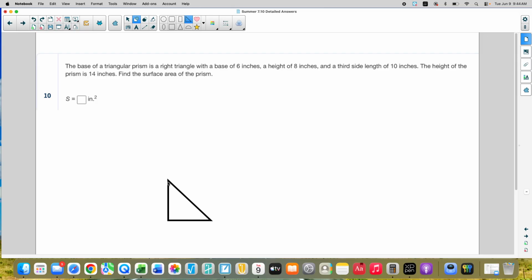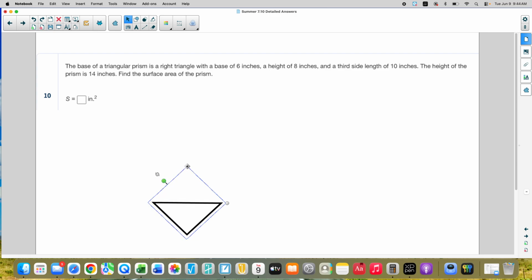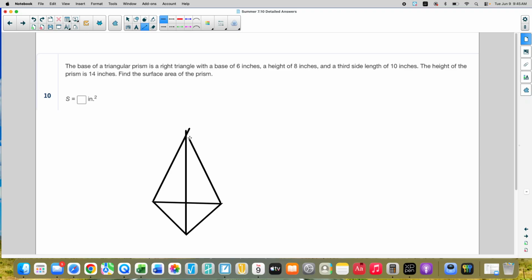That's why it's important to understand that concept. Let's rotate that a little bit, and we can draw some lines up to that pyramid. Let's fix that one line. So that's what it looks like, and this is a right triangle.